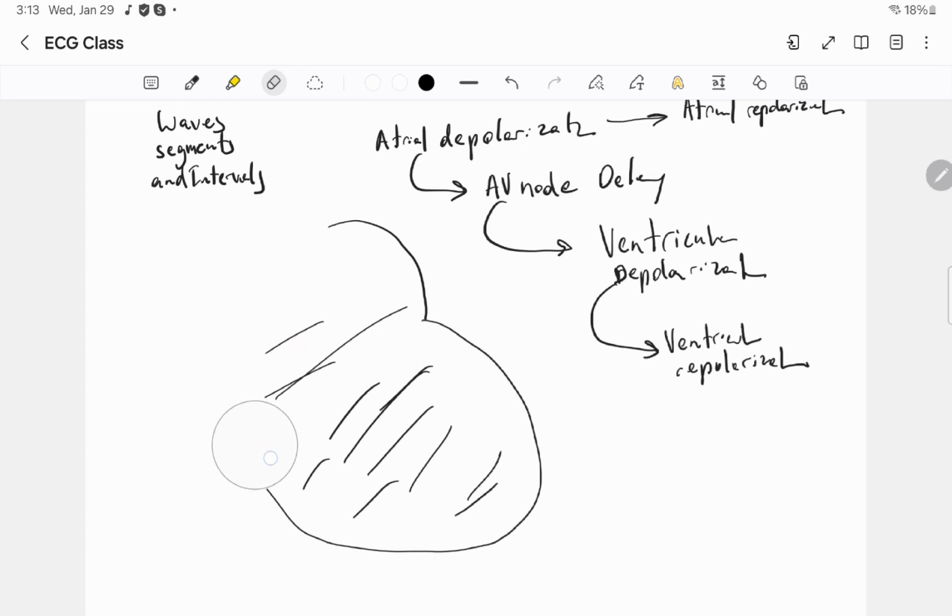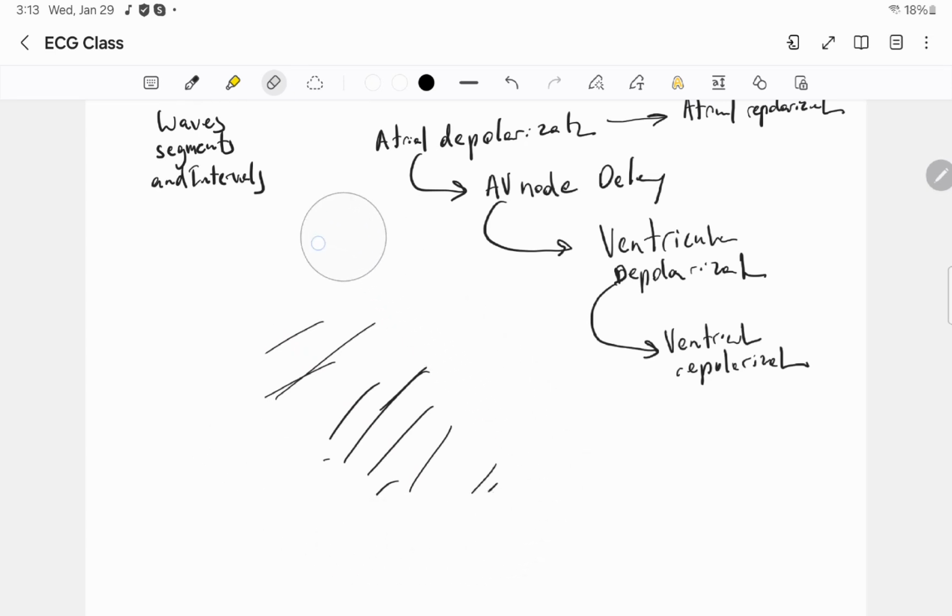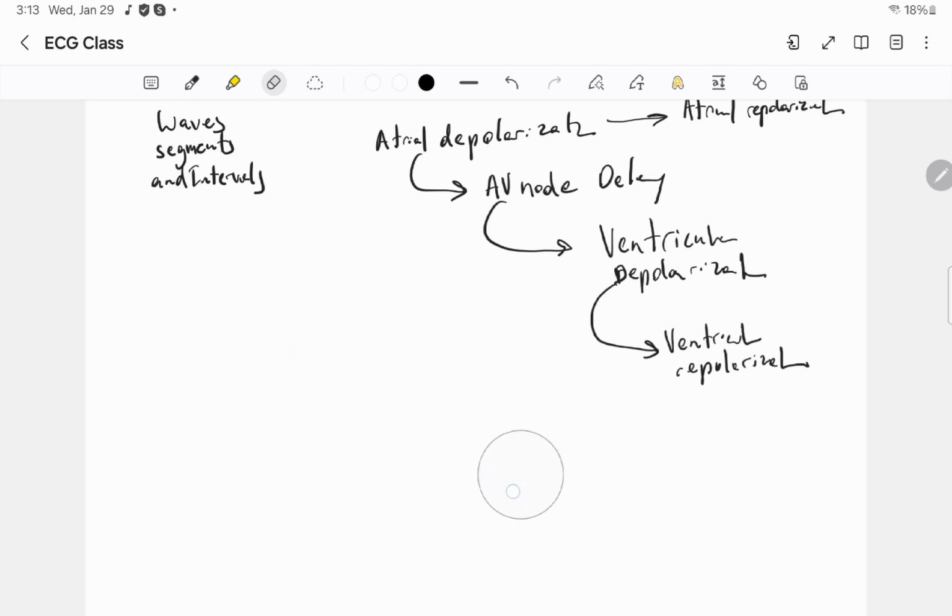In addition to that, atrial repolarization is more gradual and takes a little bit longer than atrial depolarization, so you have a smoother wave. So if this is atrial depolarization, you may end up having something like this for atrial repolarization.